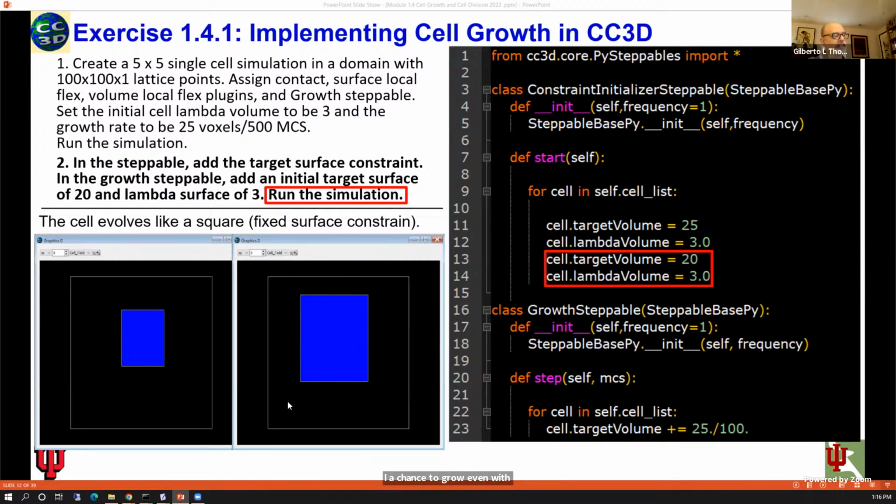This is a statistical stuff, okay? So we have to adjust this target volume, surface, lambda surface, to allow that this cell grows properly. Let's see how you do that in the next part of the exercise.